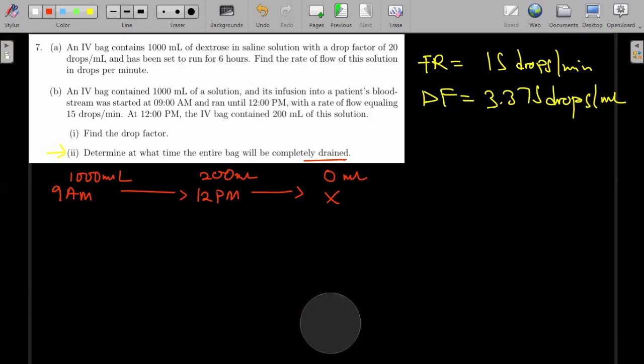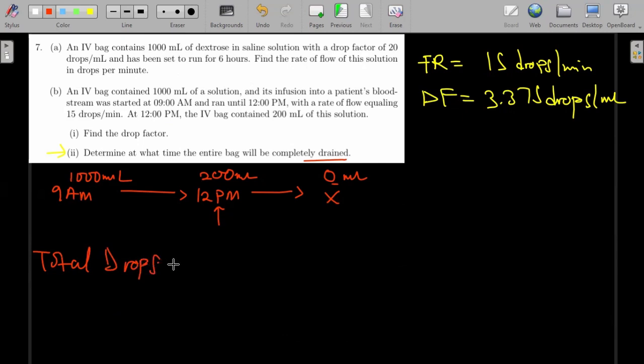So what are we going to do? Since we have the drop factor, and the amount remaining at 12 is 200 milliliters, let's calculate the total drops that will come out from these 200 milliliters. Remember, the drop factor is 3.375 drops per milliliter.